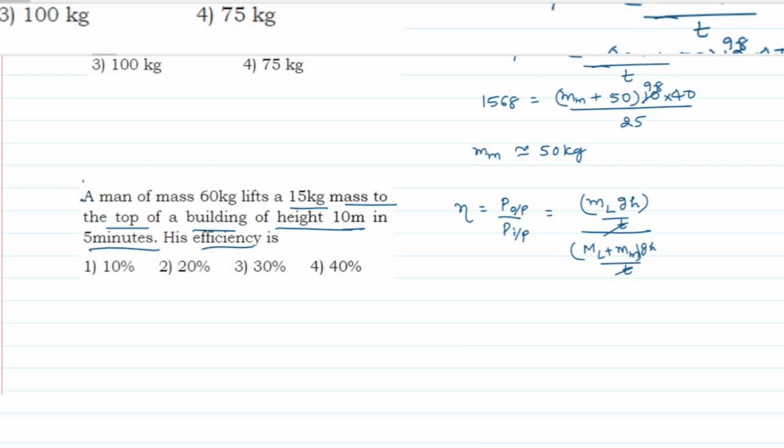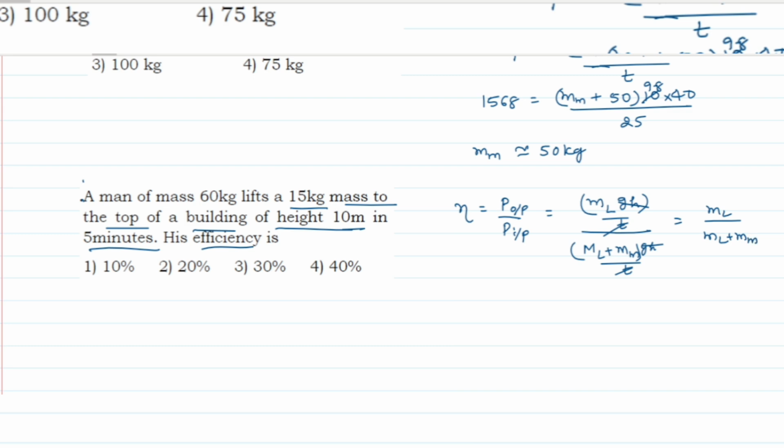Time cancels, g h cancels, and efficiency is output work to input work, when time is removed. It's nothing but mass of the load by mass of the load plus mass of the man.